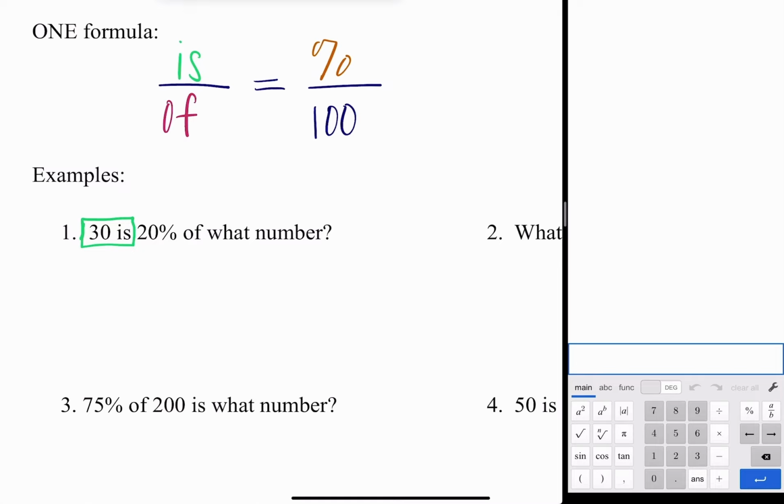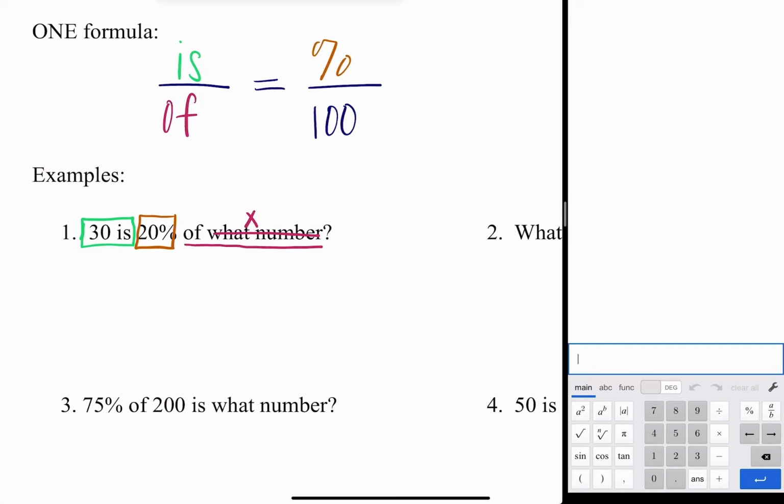Right here I have 30 is 20%. That is very clearly my percentage. Then it says of what number? Well, instead of what number, I can use an X.